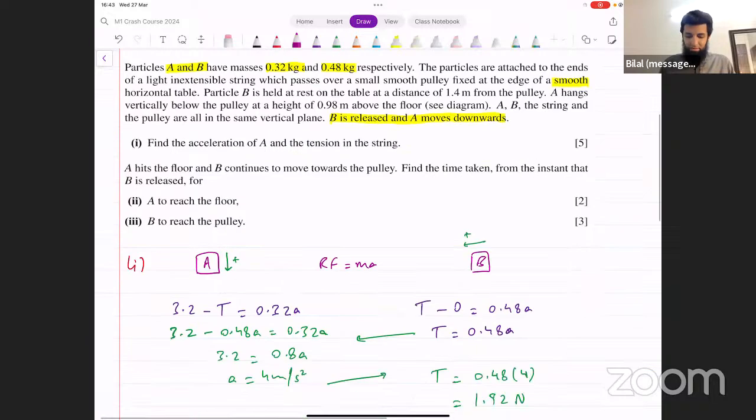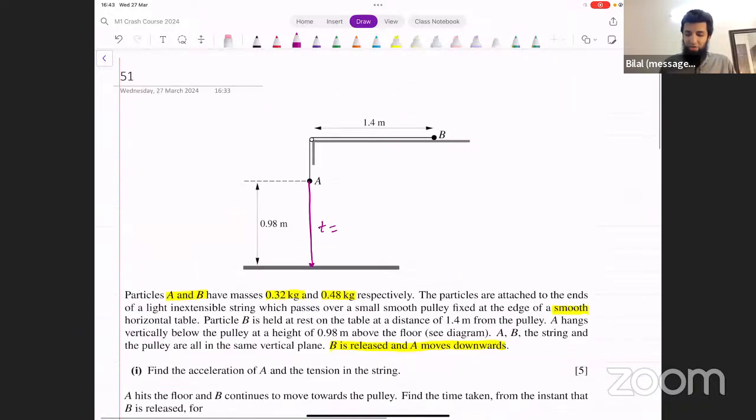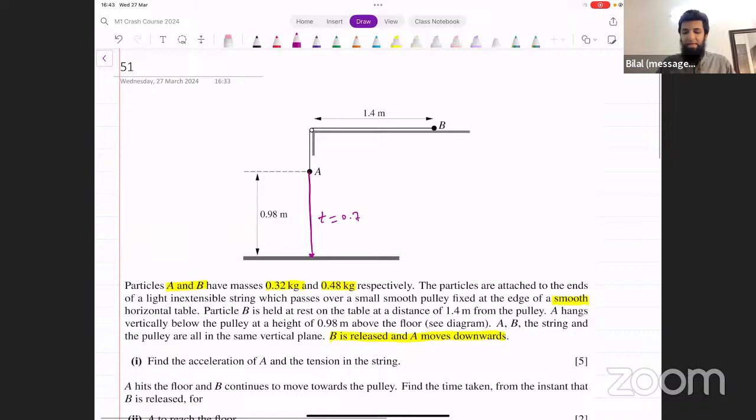It takes 0.7 seconds. After 0.7 seconds, A will hit the ground. Now, in those 0.7 seconds, B is going to come somewhere here as well, so that this distance is 0.98 meters as well. This is the part of the motion while the string is taut.